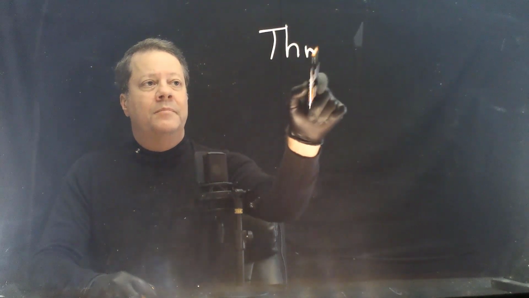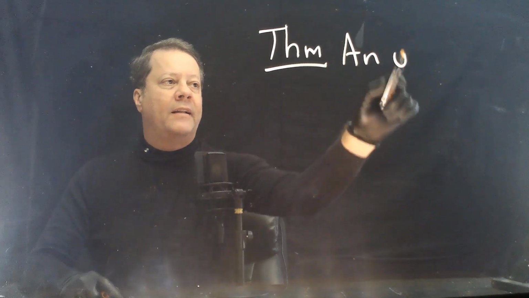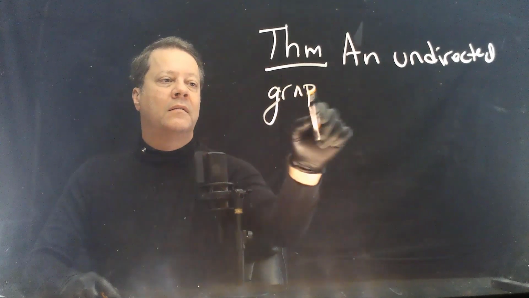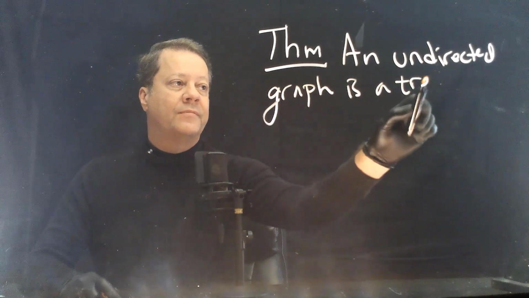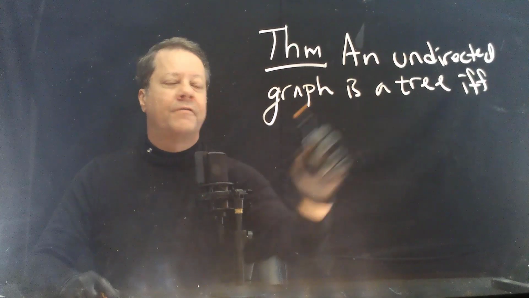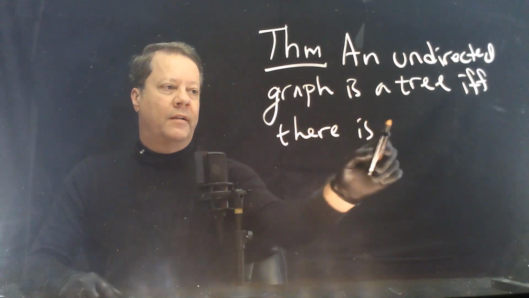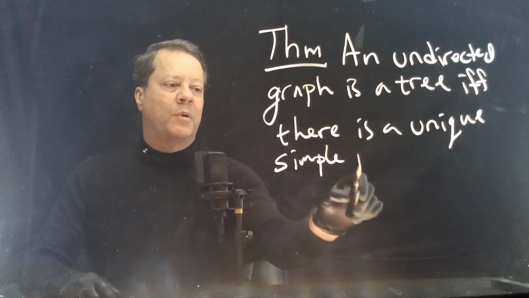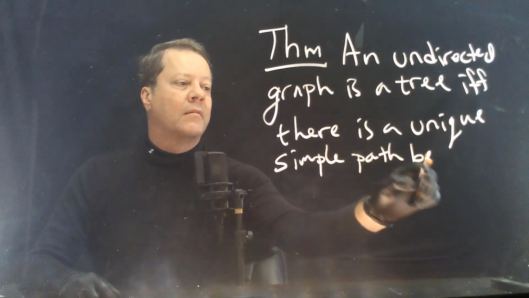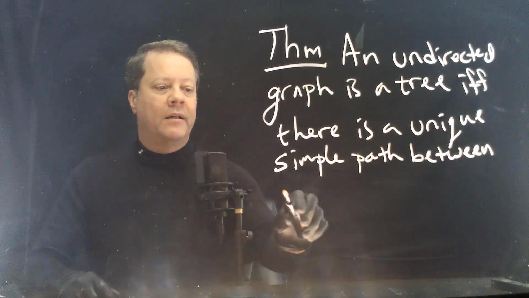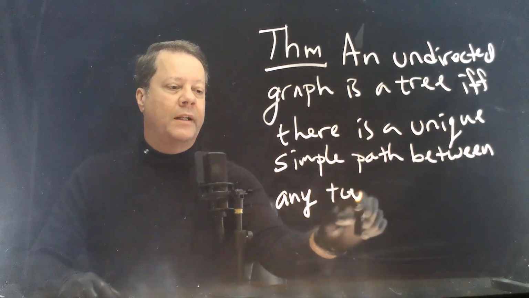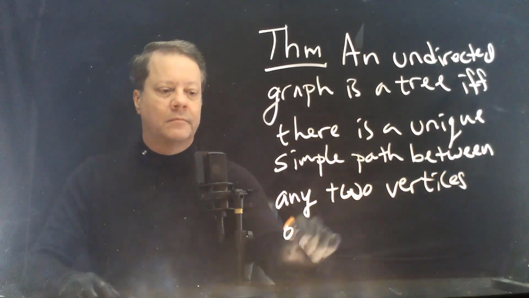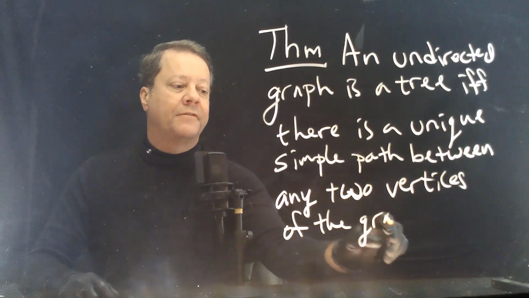We have a theorem. An undirected graph is a tree if and only if there is a unique simple path between any two vertices of the graph.